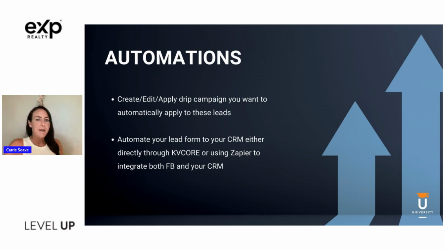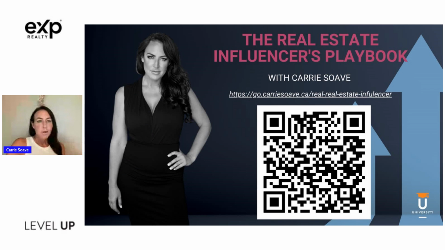And now with AI, it's just so much simpler to generate really high performing ads and content. Again, what I do is I teach social media at a very high level, specifically video, and I actually teach AI as well because there is a right way to do it to optimize AI.